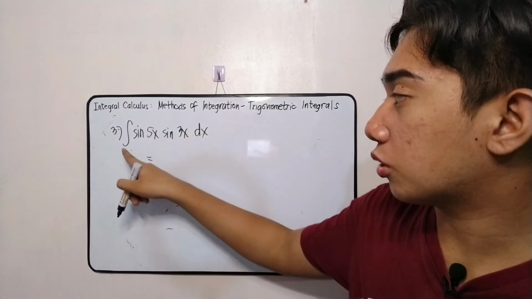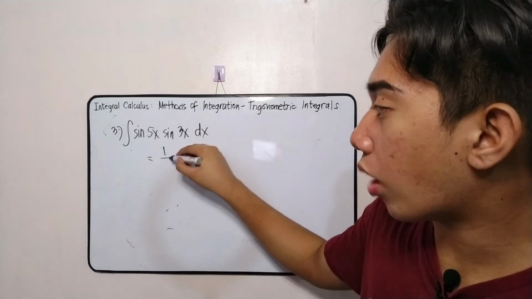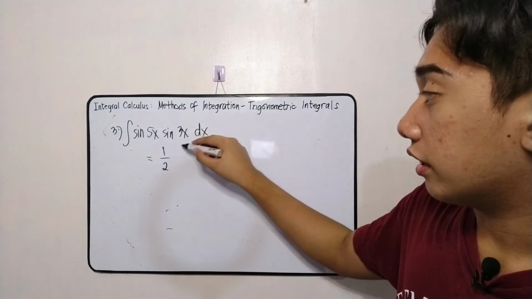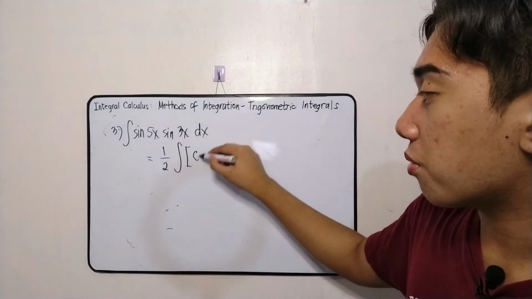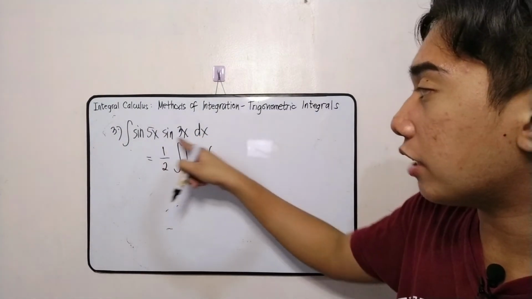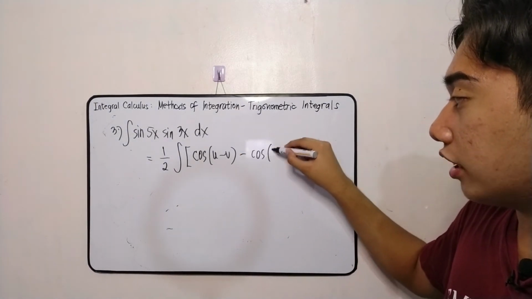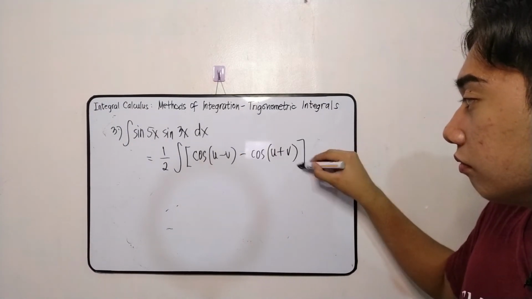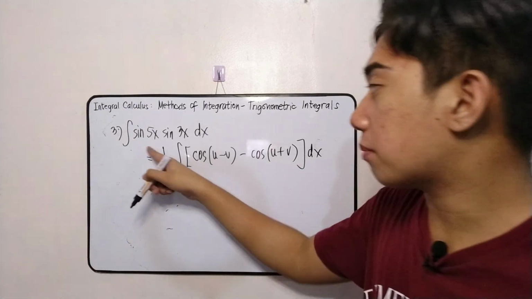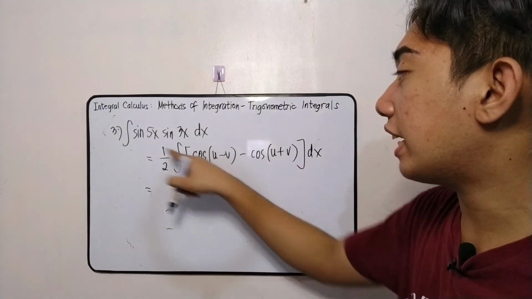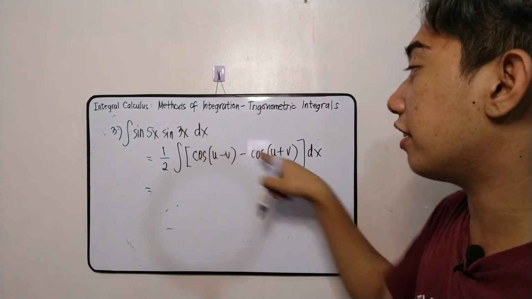So, again, since walang 2 nakalagay, so I will put 1/2 here. The integration of cosine quantity u minus v minus cosine quantity u plus v dx. So, we substitute. Our u here is 5, our v here is 3.